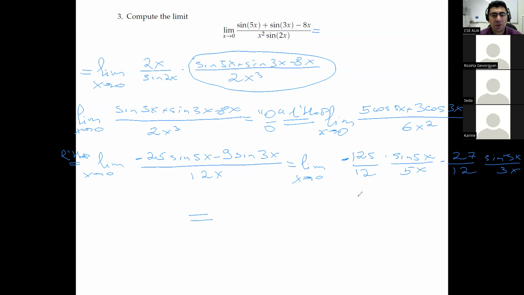And the limit here finally gives, because the useful limit says this is 1 and this also is 1, hence combining this, we'll get minus 152 divided by 12.